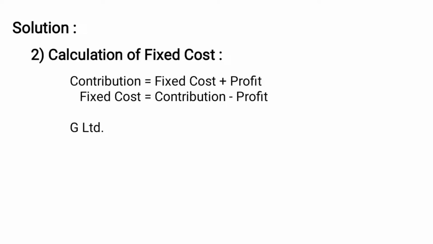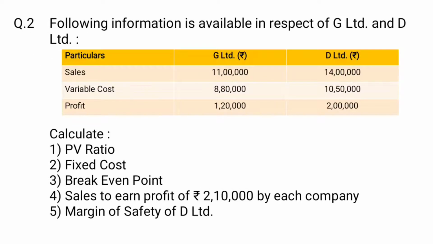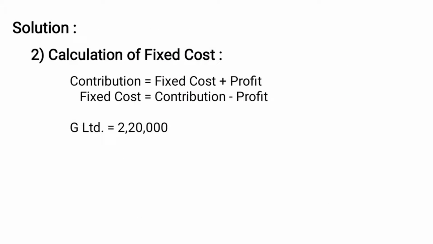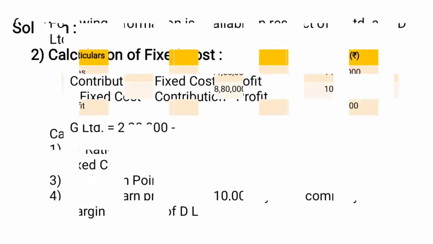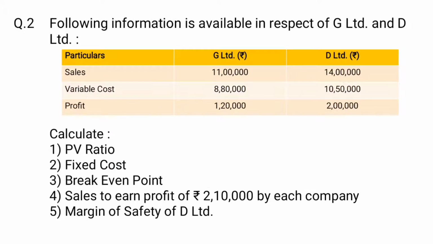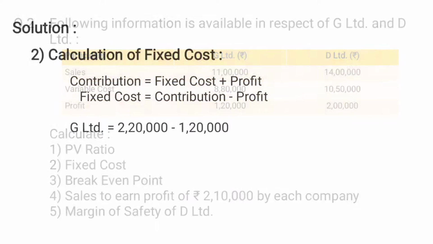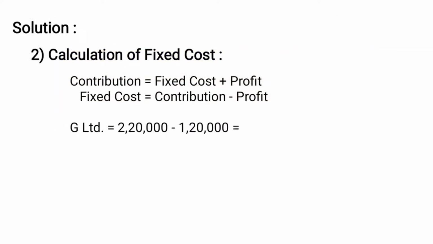So for G Limited, contribution amount is 11 lakh minus 8,80,000, which will be 2,20,000 minus profit. So the profit amount is given as rupees 1,20,000 for G Limited, which will be equal to rupees 1 lakh.